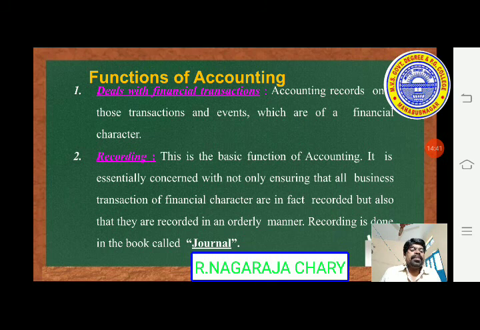So one by one, orderly, which transaction is done first, which transaction is done next. After completing that day, the second day. Like that, you have to record orderly, in chronological order. So that you have to remember.